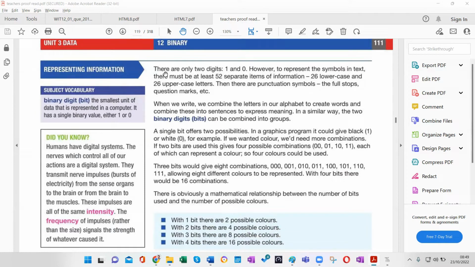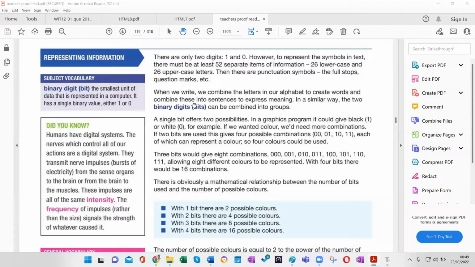And everything that you see in the computer is represented using these binary digits, ones and zeros. Text, documents, pictures, everything, right? Characters, lowercase, uppercase, special characters, commands, everything is represented in binary.